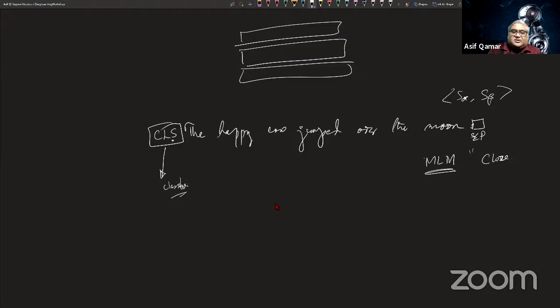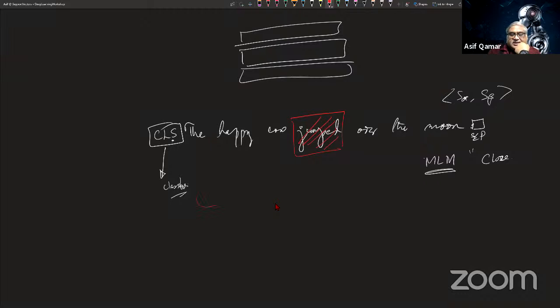So now you have all of these tokens. What you do is you randomly mask some word, you hide it. Maybe this sentence is too small to hide more than one, so let me take this example. You hide one word.